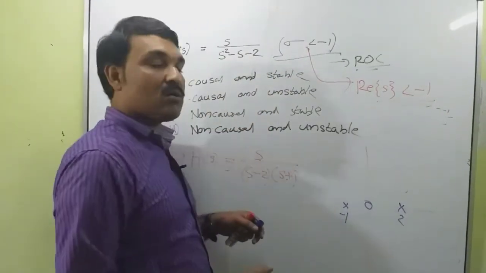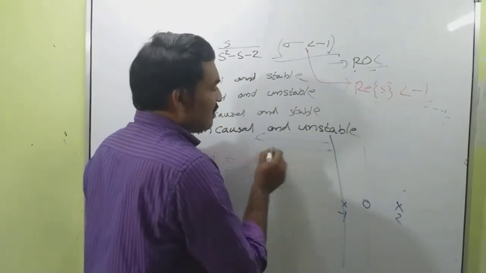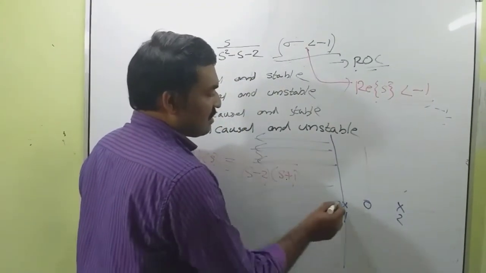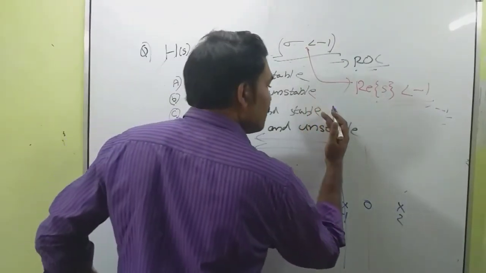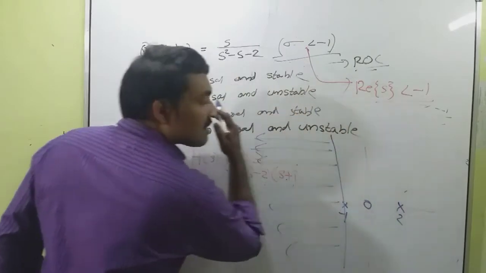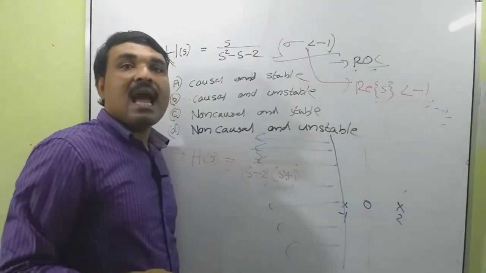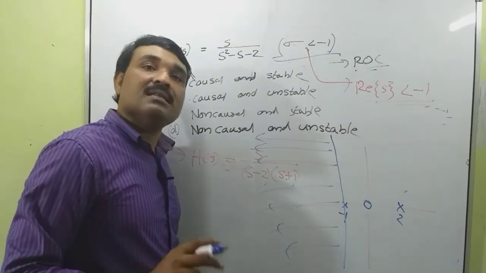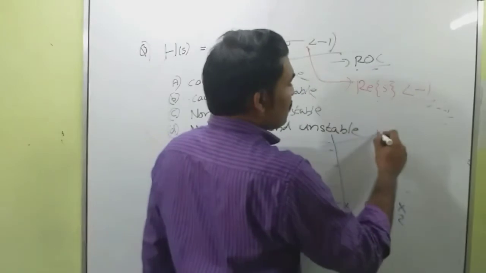Now the ROC is mentioned as sigma less than minus 1. This is the region of convergence given. That means the ROC is towards the left-hand side of the s plane, which means the system is an anti-causal, or non-causal, system.